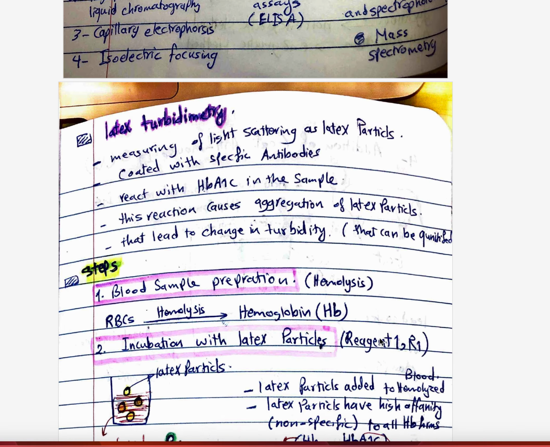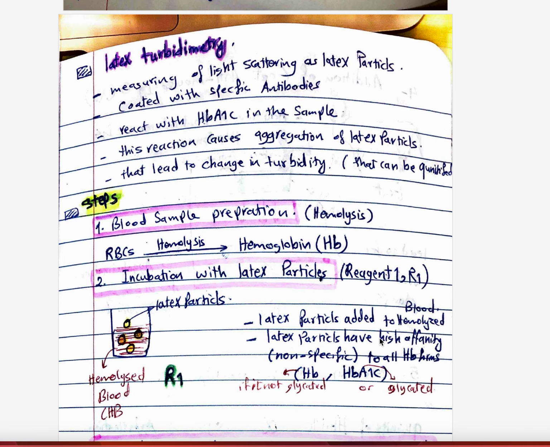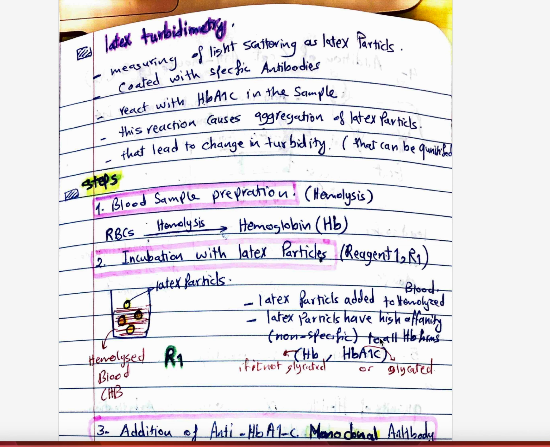Then we go to something called latex turbidity, which is the measuring of light scattering by latex particles, how they scatter the light. They coat the particles with specific antibodies that react with the hemoglobin A1C in the samples.